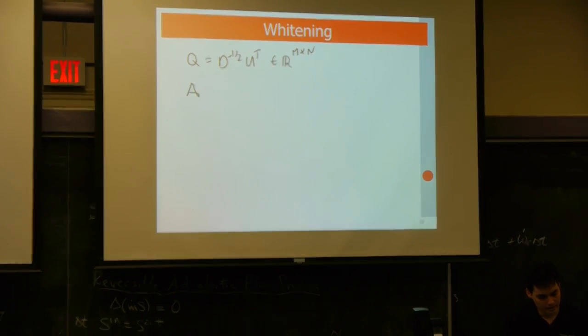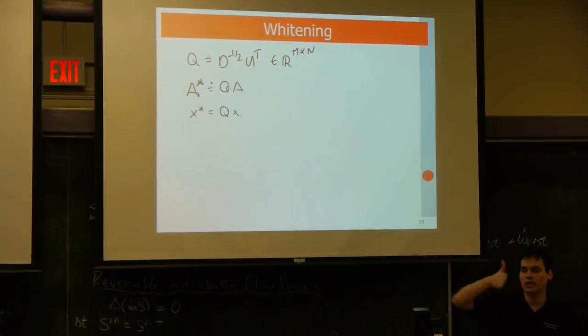And let A star be defined as Q times A. Now I can define new X star variables as Q times X. We had the original observation X, we just calculated this quantity Q, and I multiply all of my observations with this matrix Q. That's X star.